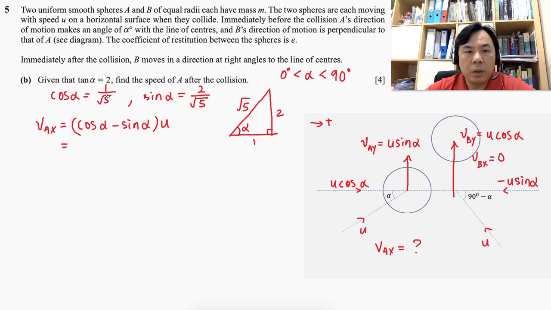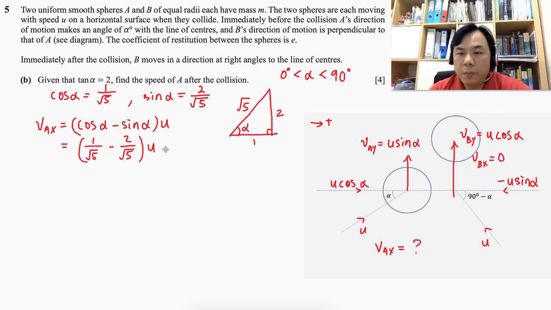So we substitute this in. From here we find that this is negative u over root 5.